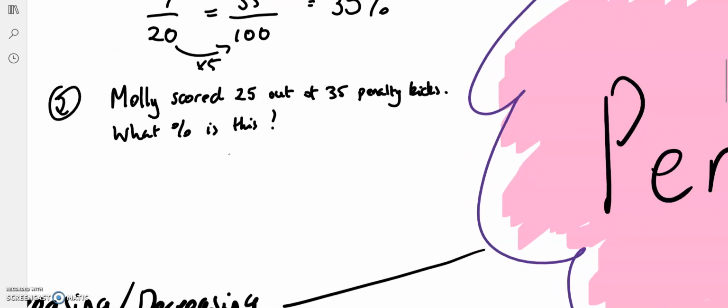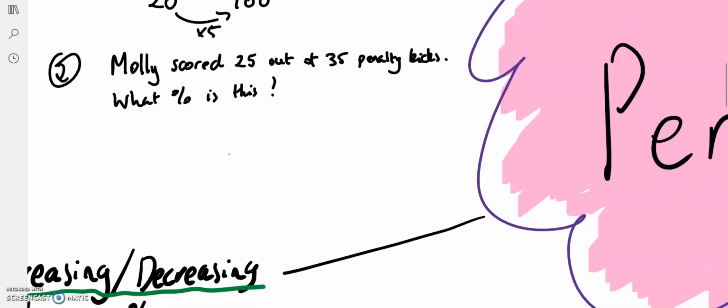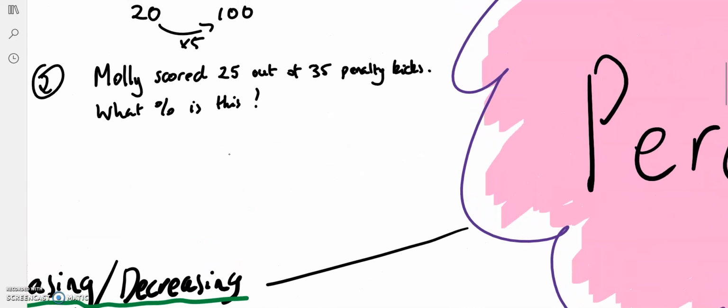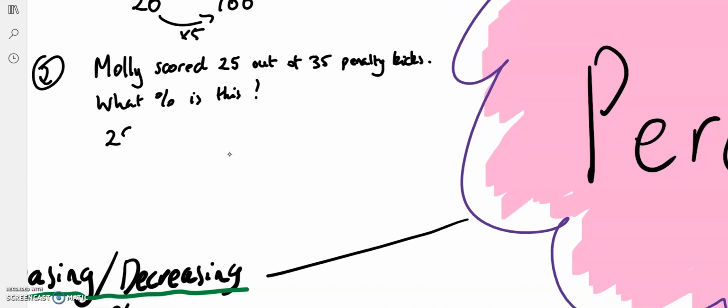In number 2, Molly scored 25 out of 35 penalty kicks. What percentage is this? But I can't go directly from 35 to 100. I could do some work, but it's going to be a wee bit awkward. So to make this into a percentage, we are going to use our calculator.